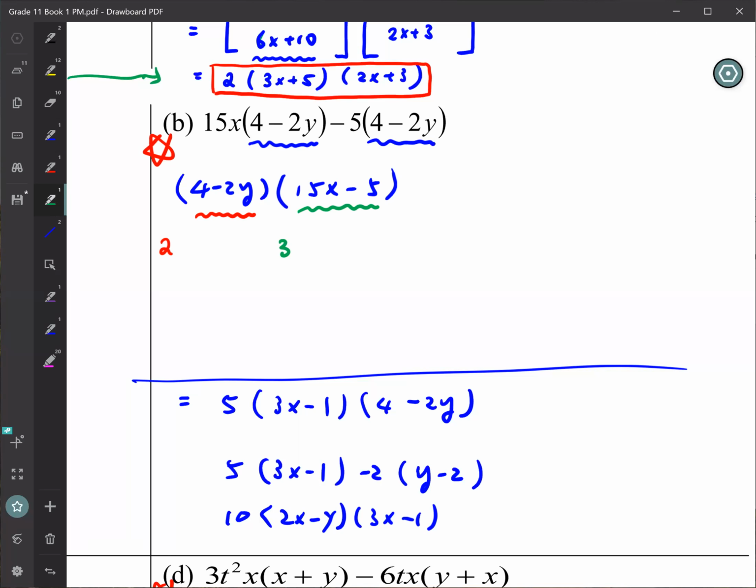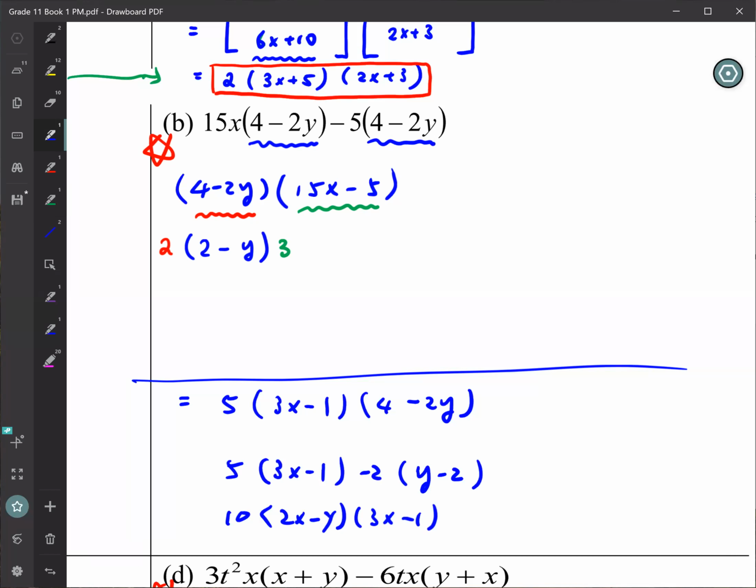When you factor, remember it's always multiplying between the factors. That's why we call it factors, okay? Turning into multiplication. So if you take the 2 out, the first bracket will become 2 minus 1y.